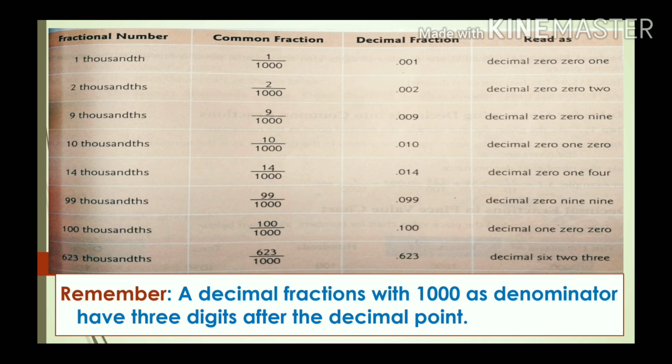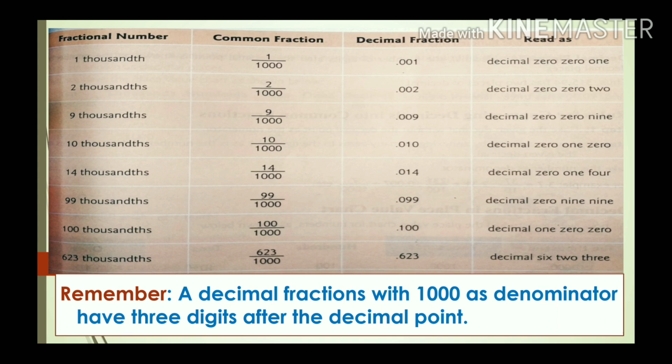For example, 1/1000th is written and read as 0.001 or decimal 001. 2/1000th is written and read as 0.002. 9/1000th is written and read as 0.009. 10/1000th is written and read as 0.010, and 14/1000th is written and read as 0.014, and so on.